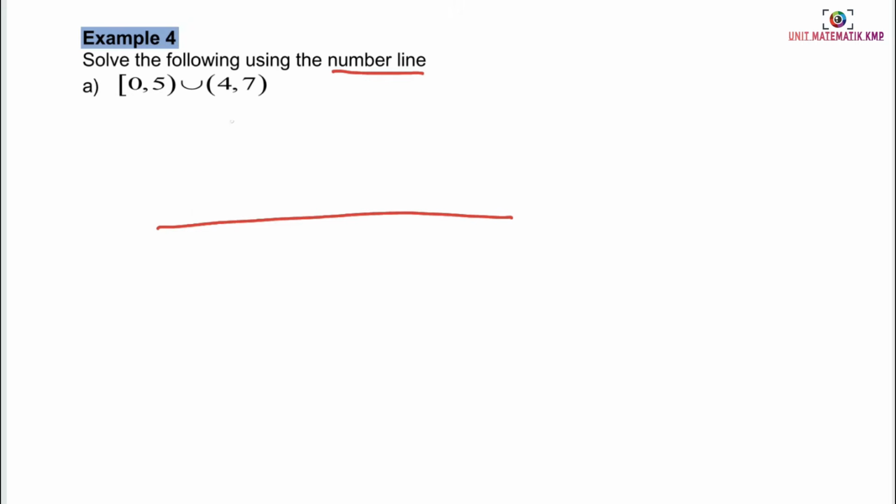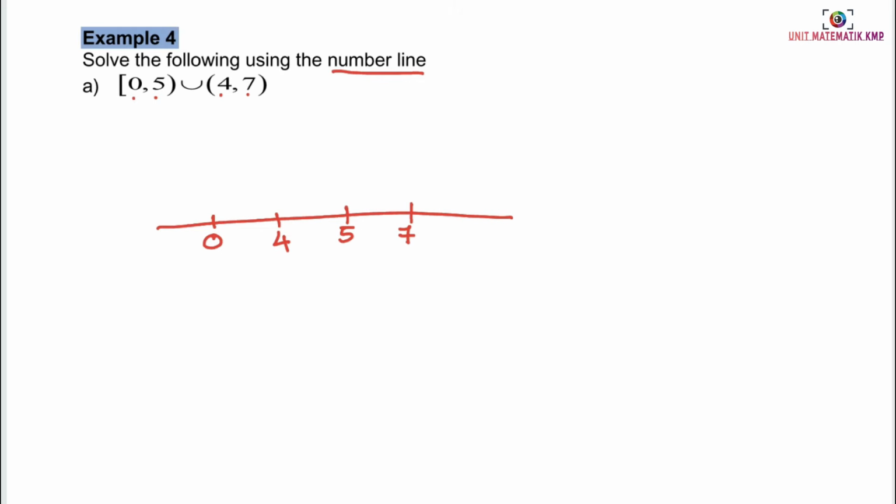From both intervals, from smaller to higher values, they are 0, 4, 5 and 7. So we mark here the smallest value 0, next 4, next 5 and the last one is 7.